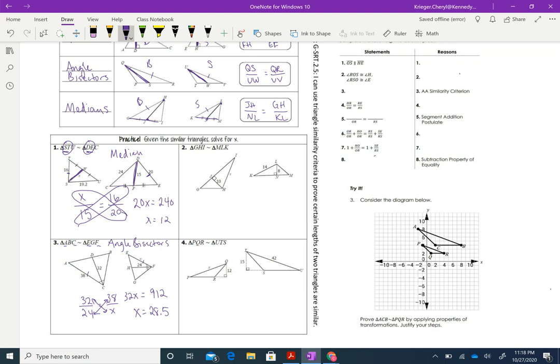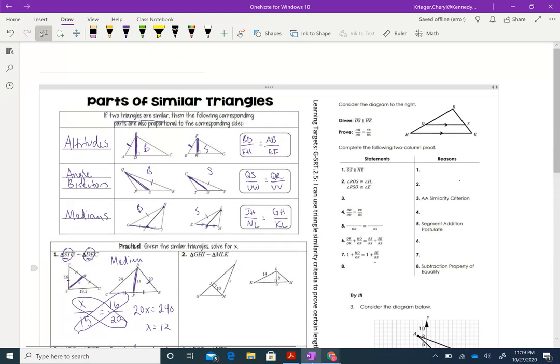That sounds like a reasonable answer. So my side EF is 28.5. So you guys can do number 2 and 4 as practice. And we're going to move on to a proof.